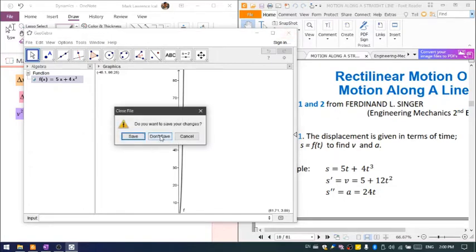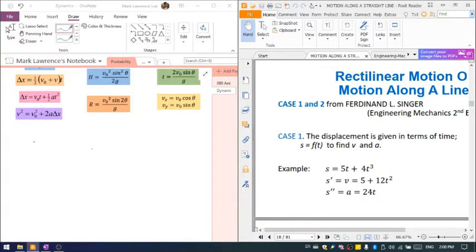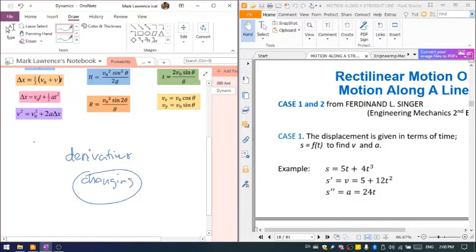Okay, but you don't have to worry though, because we all remember that derivatives or differentials are basically from the word changing, and the slope is also a derivative of something.